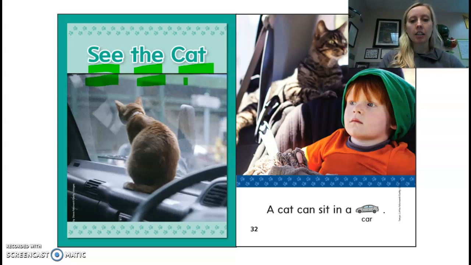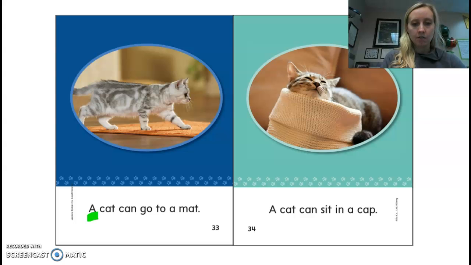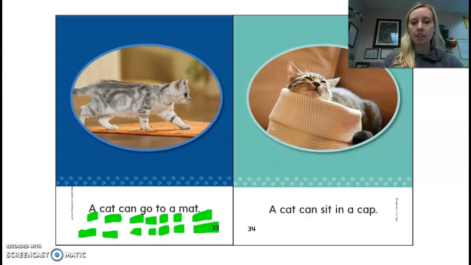See the cat. Your turn. My turn. I mean our turn. Cat can sit in a car. Okay, your turn. Together. A cat can go to a mat. Your turn.